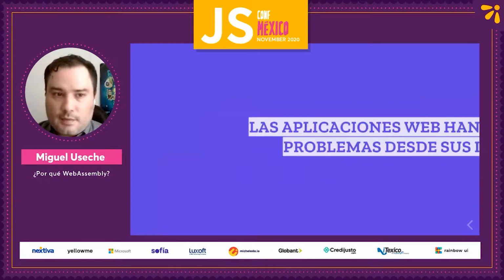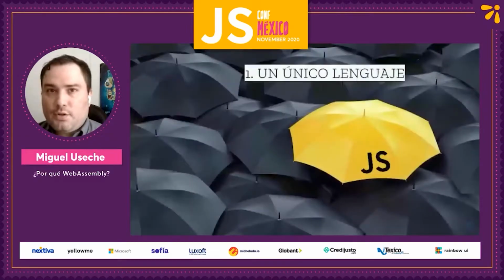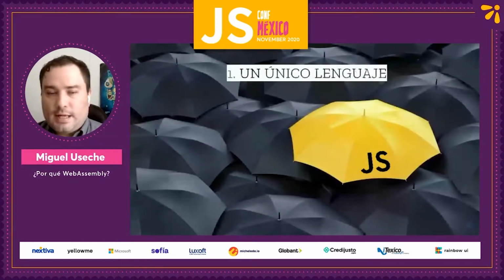So, since the beginning of the web, I've seen two problems. The first one is if you want to have an application or interaction with a user, there's only one way: JavaScript.